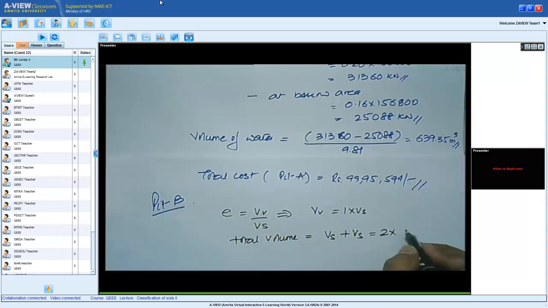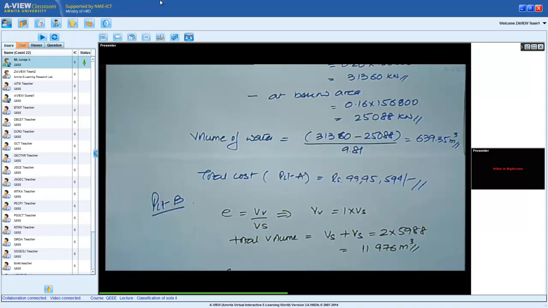So that equals 2 into 5988, which gives a value of 11976 meter cube. That's the total volume.